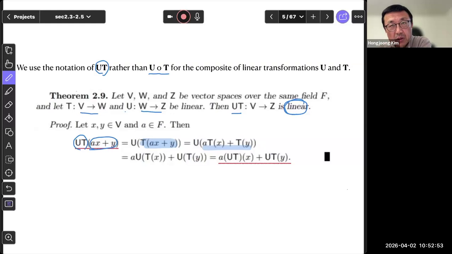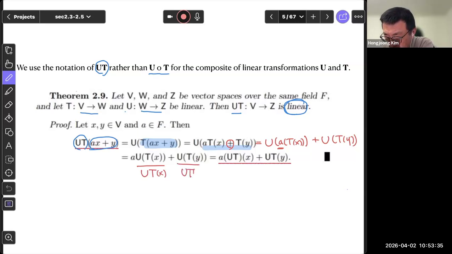Now U is a linear mapping, so U maps the sum of two vectors as the sum of images. And then since U is a linear mapping, this scalar a may be multiplied after U of T of x is evaluated. Now U of T of x is just UT of x, and U of T of y is just UT of y.